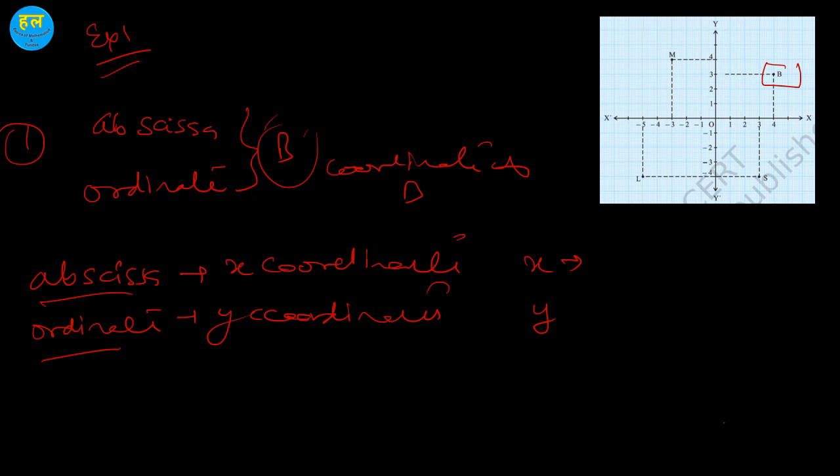So we'll take 4 as abscissa, and the ordinate y is above the origin and on 3, so positive 3. So the abscissa and ordinate will be 4 comma 3. This is our coordinate.